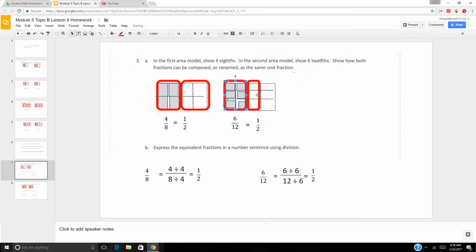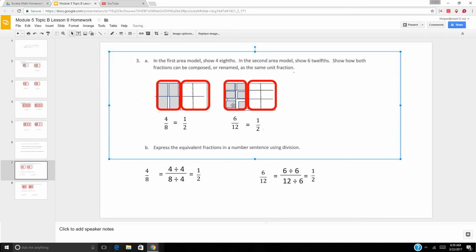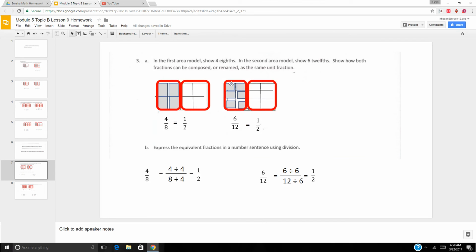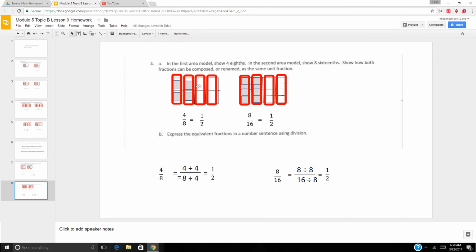Because this needs to equal 1/2. So 6/12 divided with 6 in each section. 6 divided by 6 is 1. 12 divided by 6 is 2. So 1/2. Which means I actually have to change this one as well. But this is good, because I'm actually doing it as we're speaking.